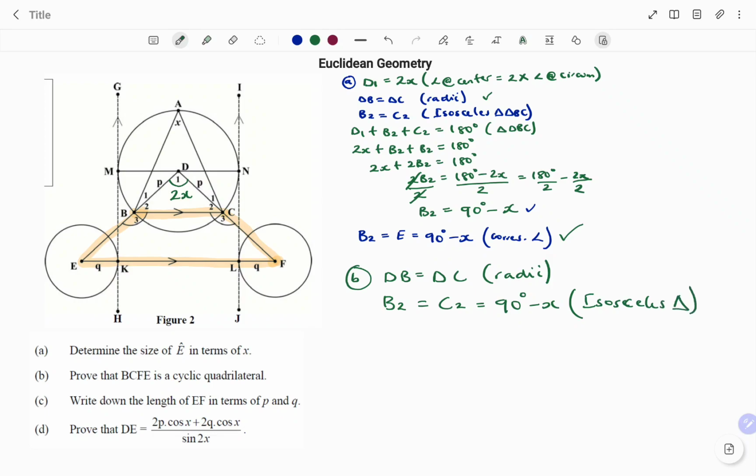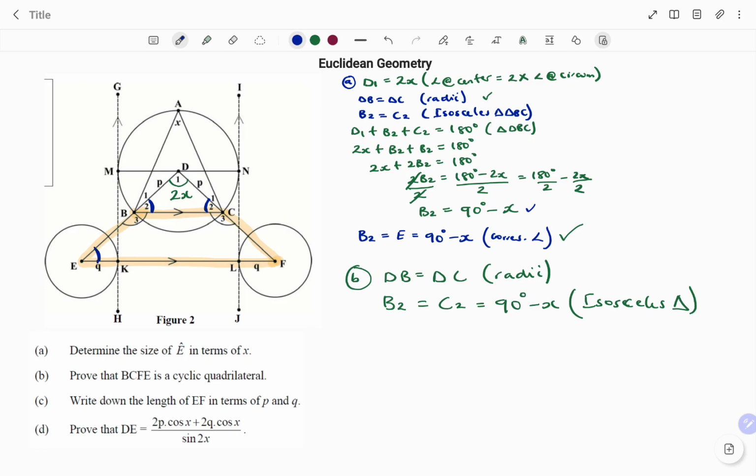So therefore, I have this angle, I'm going to mark that in the diagram, being equal to this angle, that's C2, and because we know that BC and EF are parallel lines, therefore the angle B2 is equal to the angle E, corresponding angle.